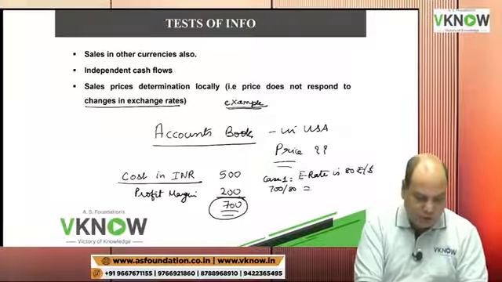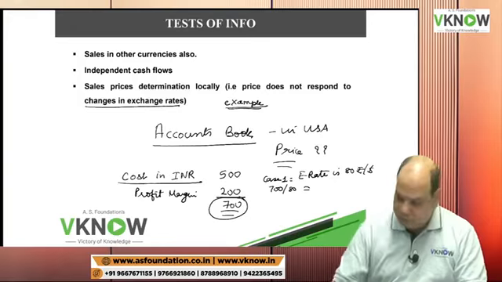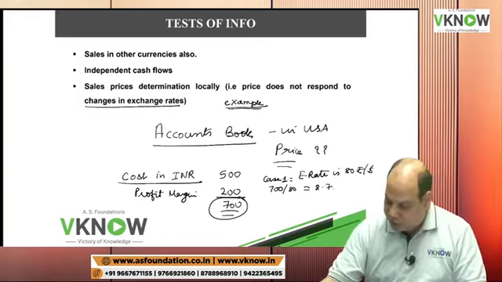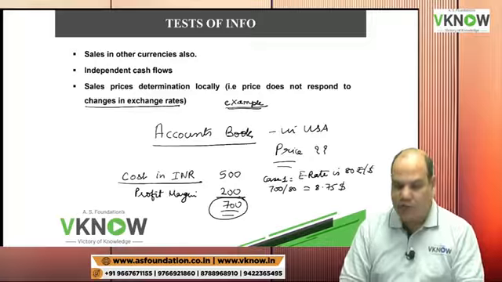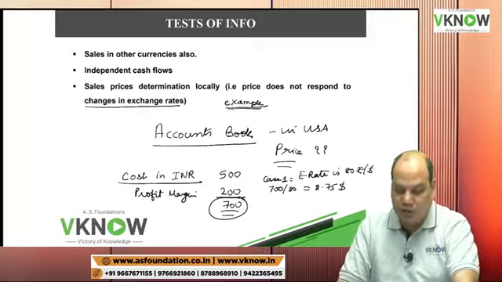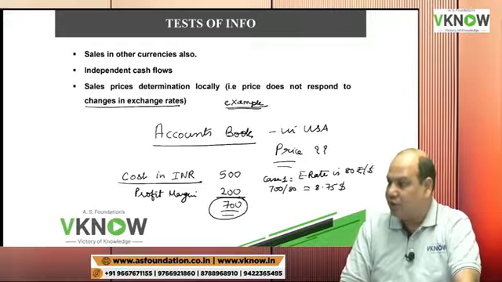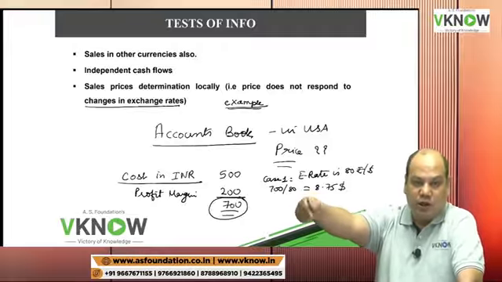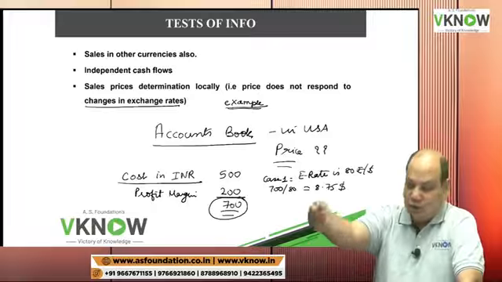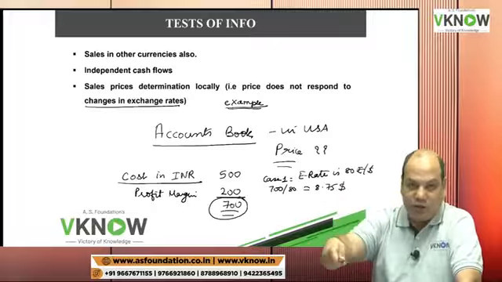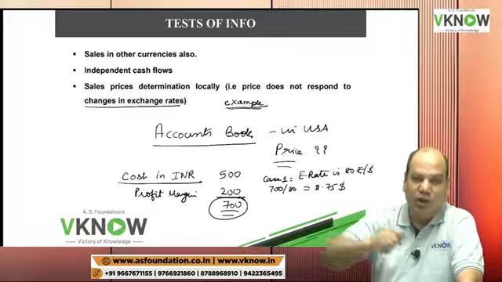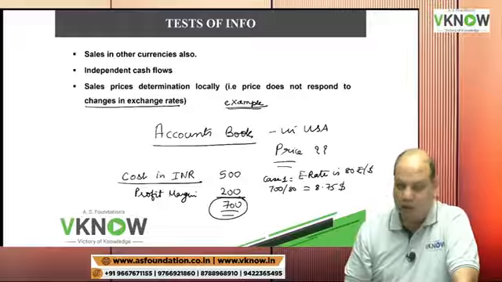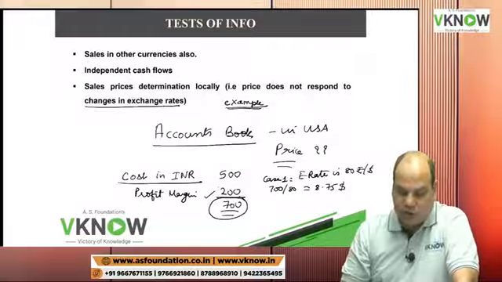So the price you need to quote in US dollar, so that after conversion you will get 700 rupees. So I will ask the foreign operation to sell at $8.75. He will convert at 80 rupees, send it to me, and I will get 700 rupees. I am happy, I got 200 rupees margin.